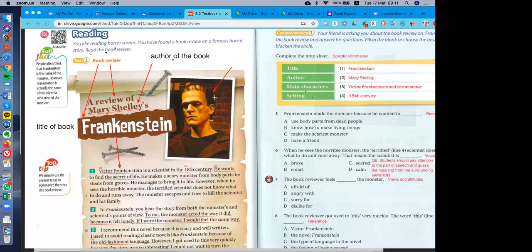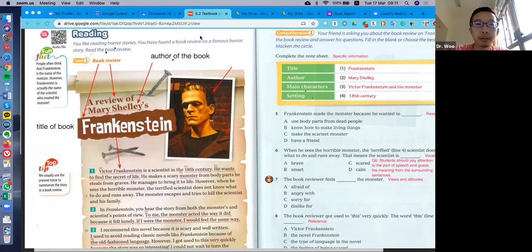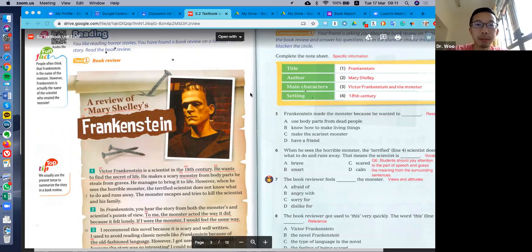So we see names here. And for all we know, this could be Mary Shelley, or this could be Frankenstein, or it could be someone else. We have to read just a bit more to figure out who this dude is. But your prediction is correct.